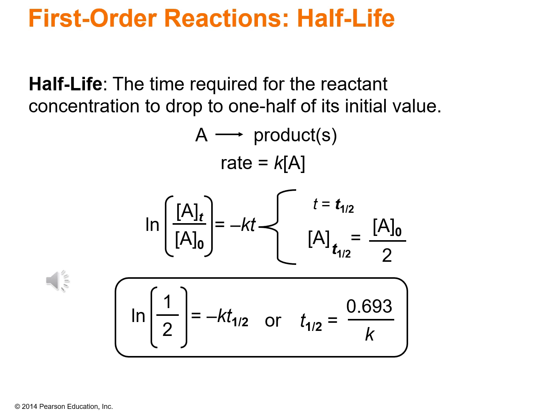When t is equal to t sub 1/2, the fraction of A that remains is A sub t over the initial concentration of A, which is 1/2. Therefore, natural log of 1/2 is equal to minus k times the half-life.